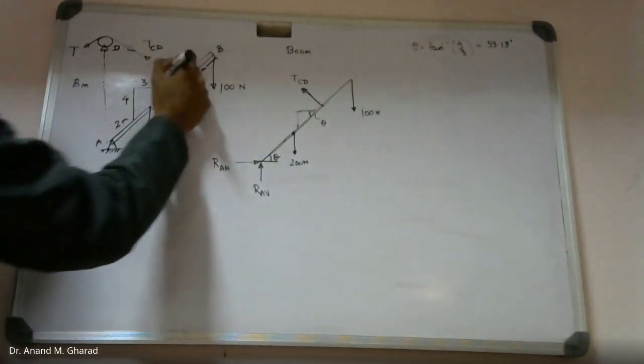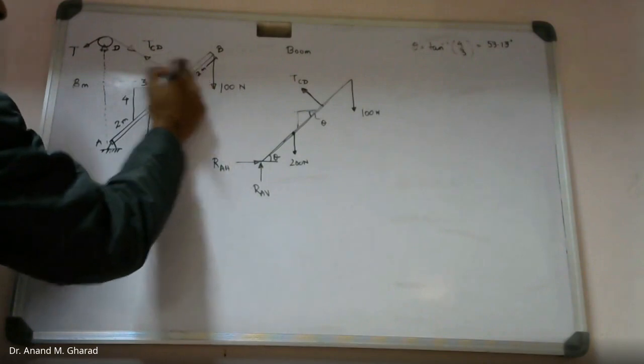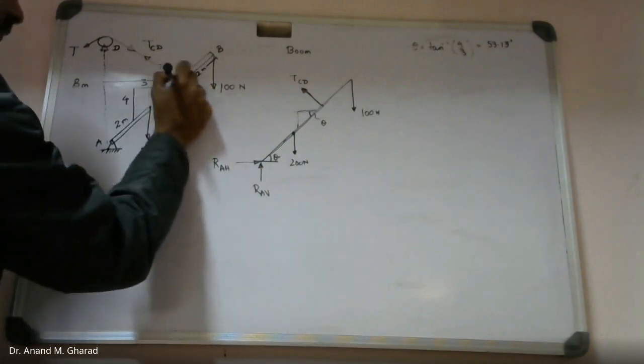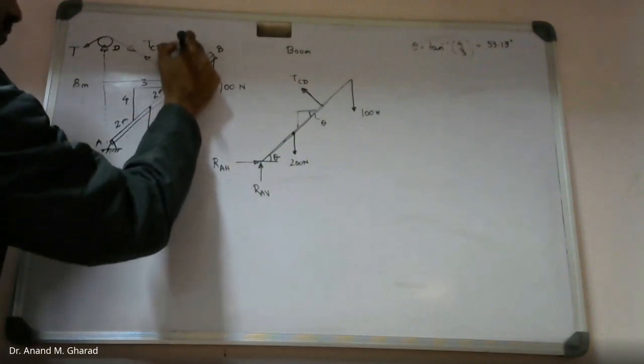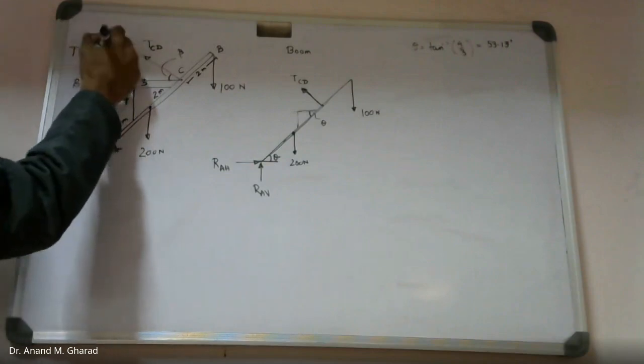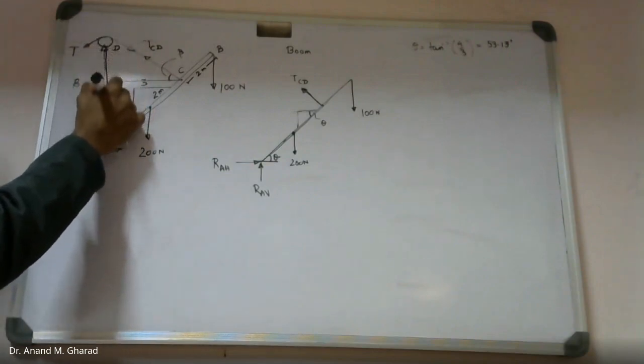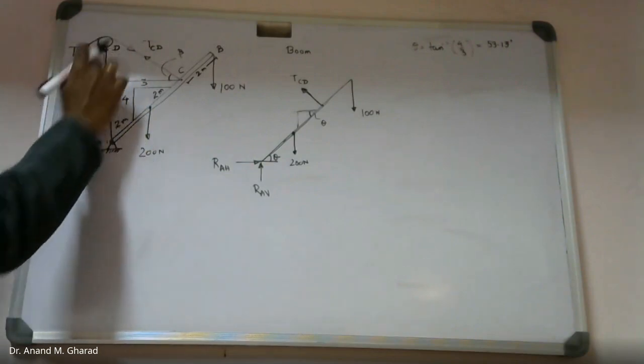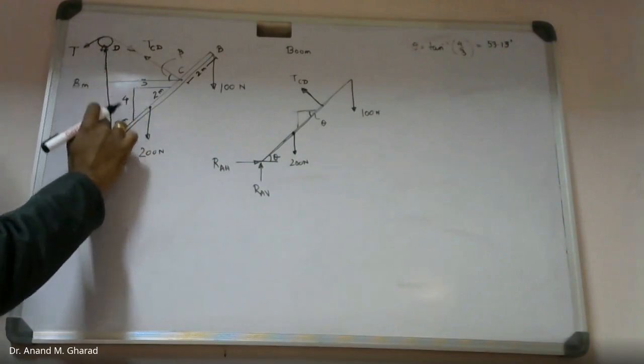So from the geometry, this is the small angle which you will be interested to find. Let me call this as beta. So see, actually this is straight line, and the distance is 8 meter.